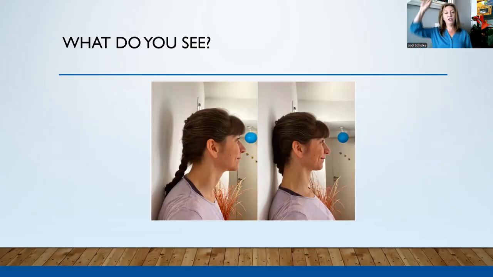And imagine a string coming from your seventh chakra, the soft spot on your cranium, the very tippity top of your head. A string is pulling you up. That is spinal alignment.